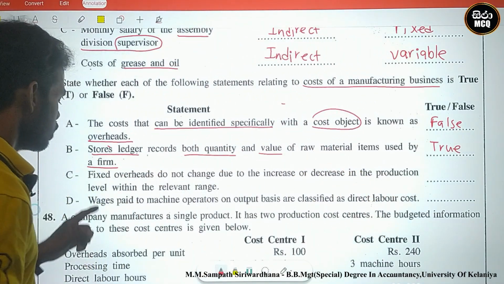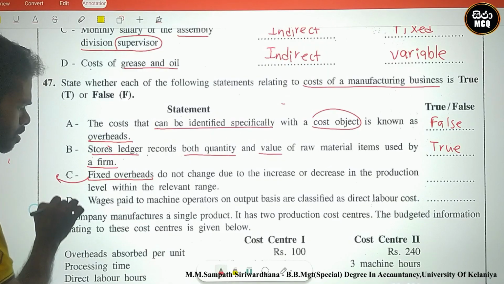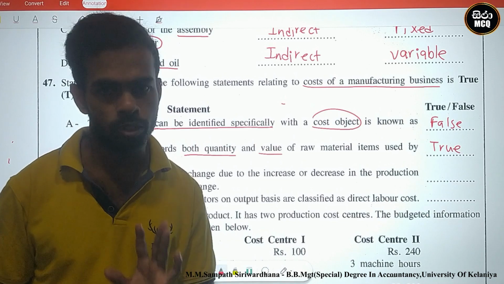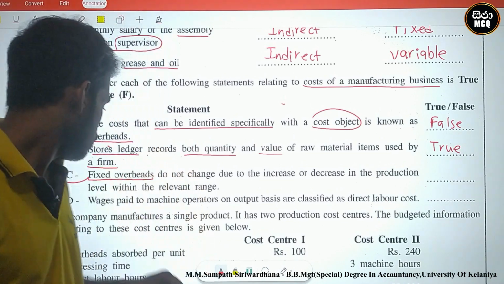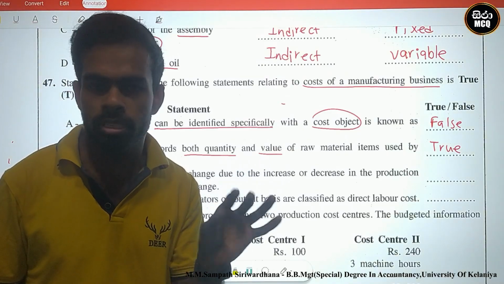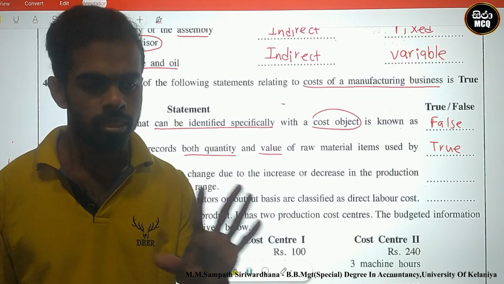Next one, fixed overheads. What are examples of fixed overheads? Fixed means not changing based on the number of units. For example, a supervisor salary is an overhead. Fixed means a monthly salary.